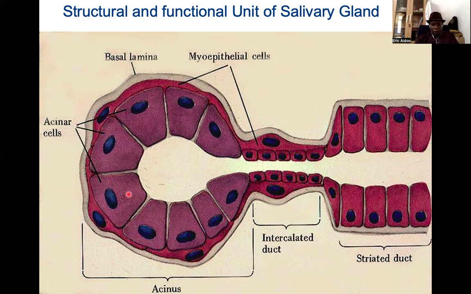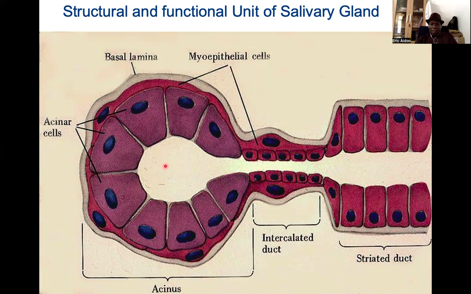Now, superficial to the secretory cells or the acinar cells, you have these smooth muscle myoepithelial cells. Then you have the basal lamina or basement membrane. As I always caution students, don't say basal membrane. It's basal lamina or basement membrane.